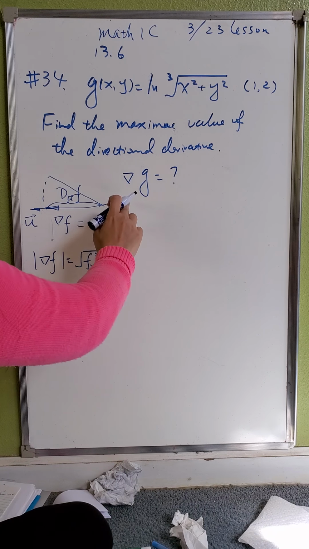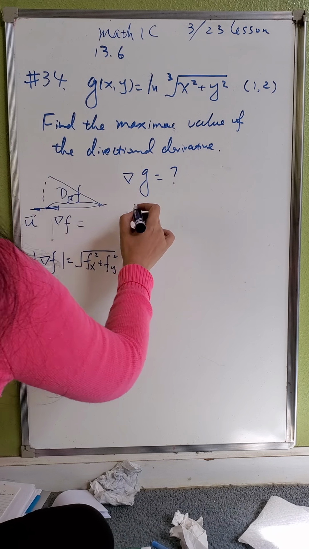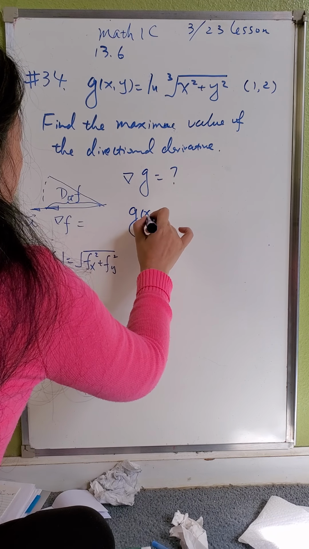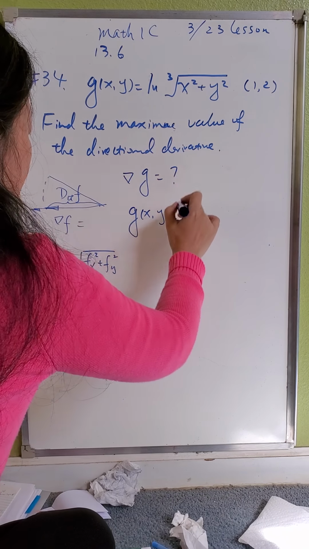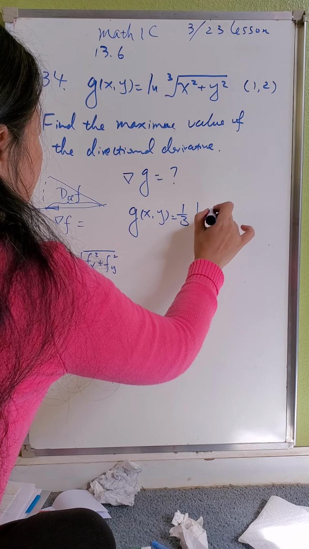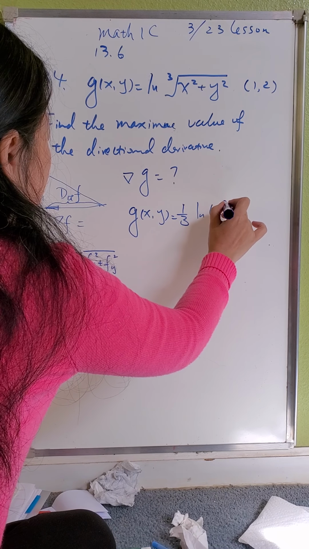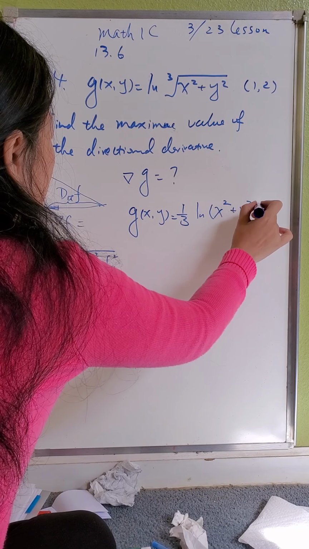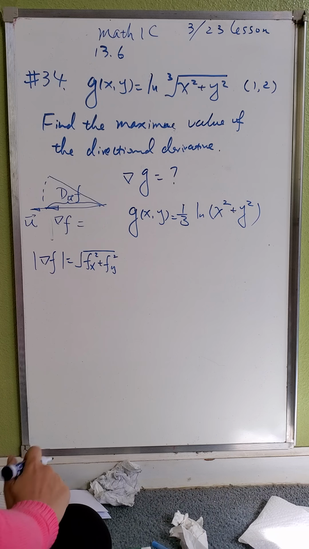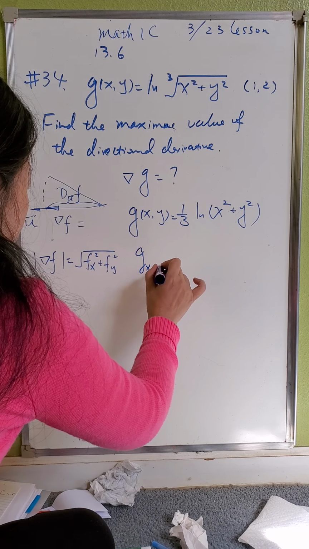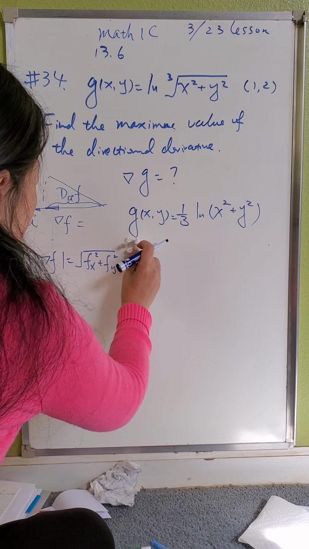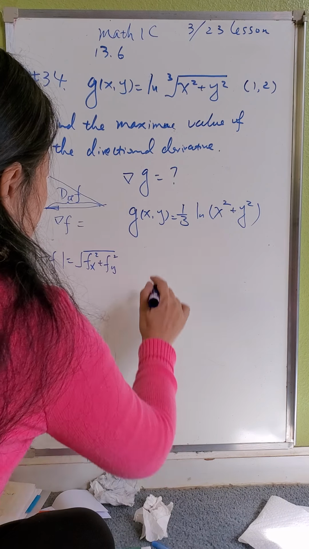So to find del G, I'm going to simplify this function first. I'm going to make this a 1/3 in the front. Remember in class I told you guys it's just easier when you take the partial derivative, okay? So g of x, yeah, just do one step, okay?